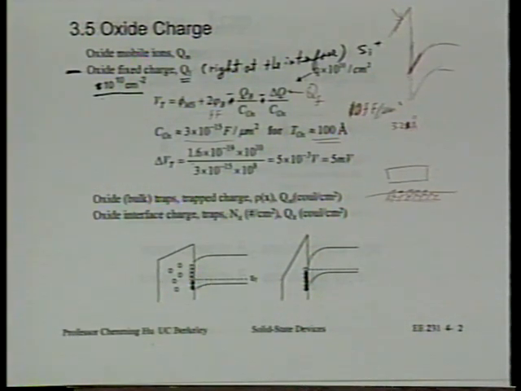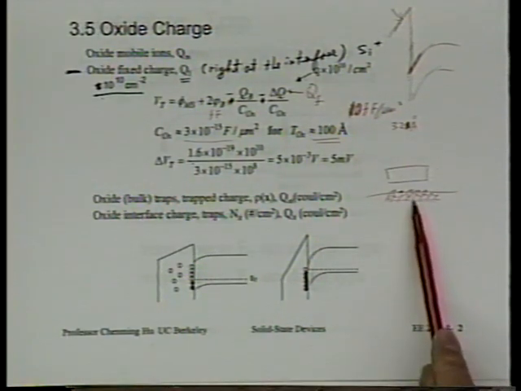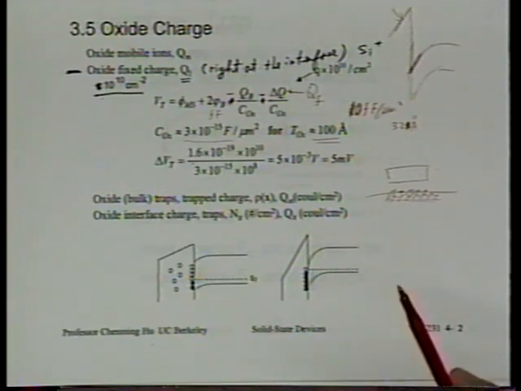We're not going to be talking about much change because we're so close to breakdown. All right? So as you know, in the last few generations, the trend is that the oxide has been scaling, and the power supply voltage has been scaling roughly in proportion to the oxide thickness. So we actually are not going to expect significant change of the separation between the charge and interface.